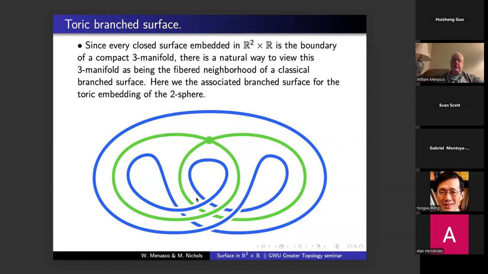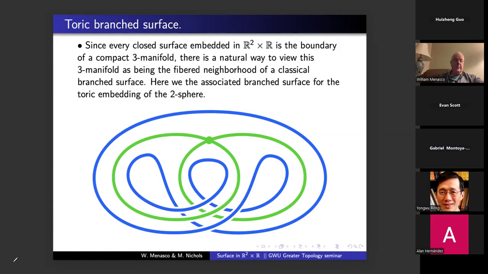It deformation retracts onto two curves that have the same zero cell. So an edge here and an edge here. So it's a wedge of two circles. All right. So now I've got this surface, which is a torus, and so minus a disk.